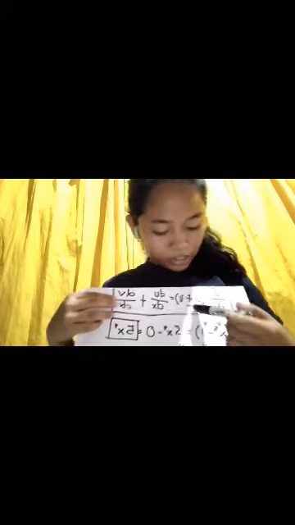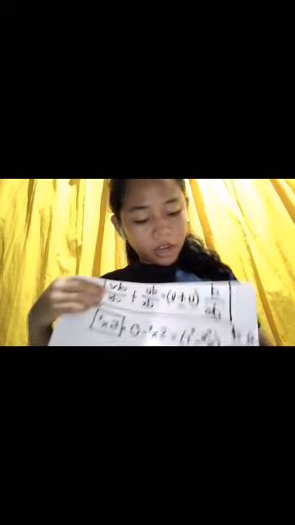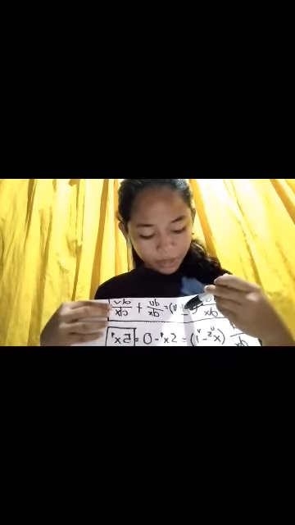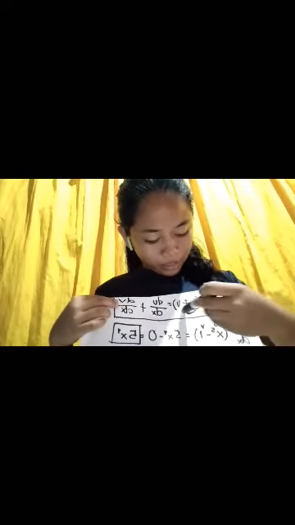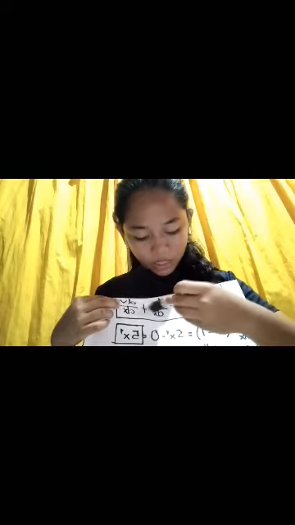So, eto siya guys, hindi to siya lagi positive. Nakadepende kasi dito kung ano yung sign na gagamitin mo. Like for example, dito, positive yung ginamit ko, so positive din yung dito. Pag negative yung ilalagay mo dito, so negative din yung dito.